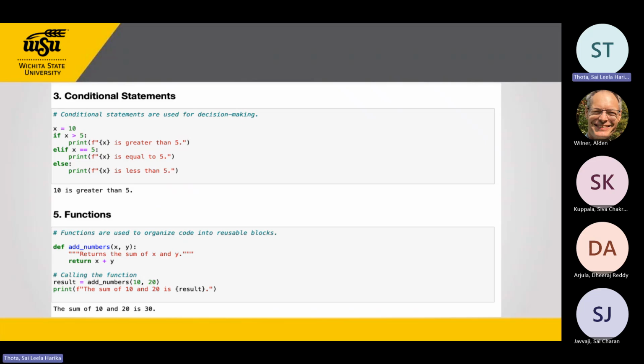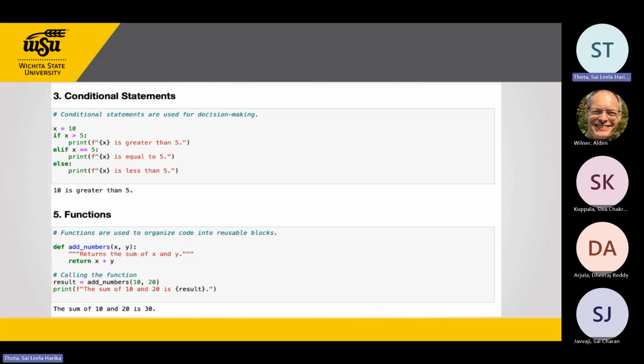That is the reason the first statement is printed. If not, what happens if x is 4? It will go to the second, else if x equal to 5, no, because I said x equal to 4. So it will print the last one, x is less than 5.